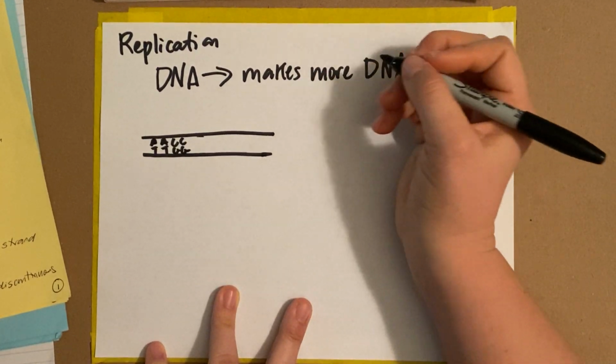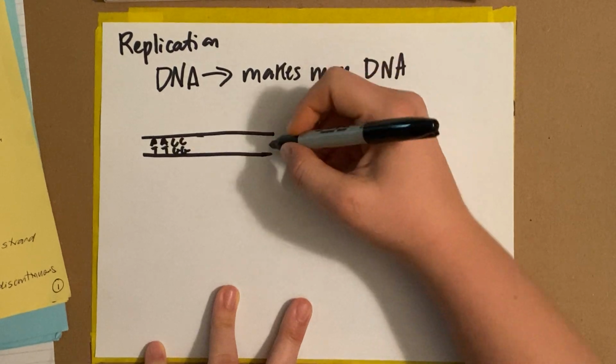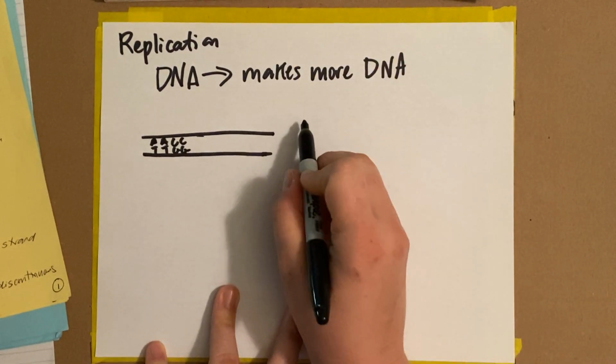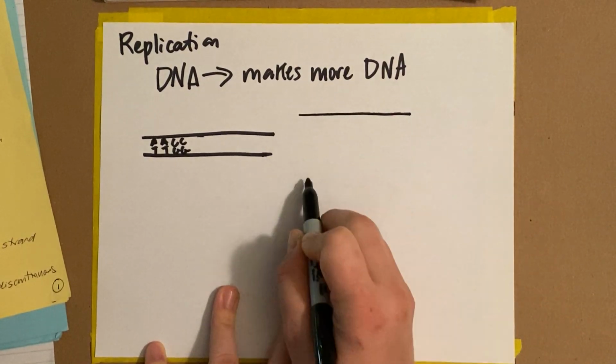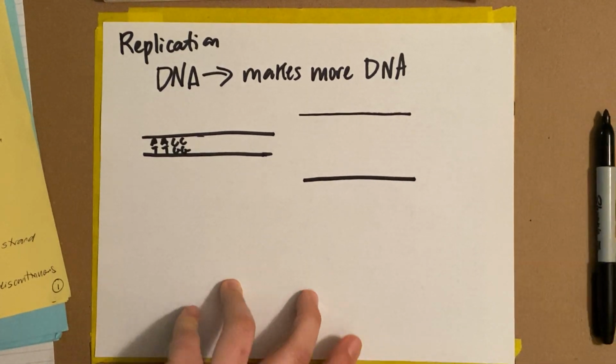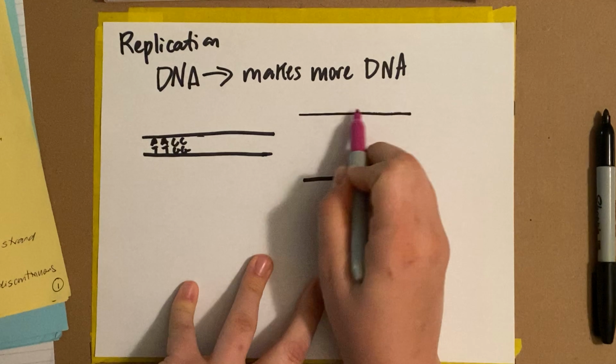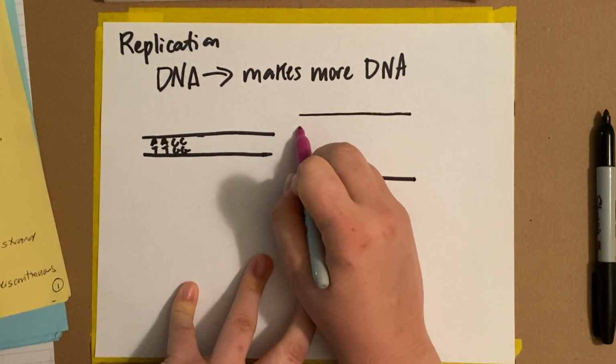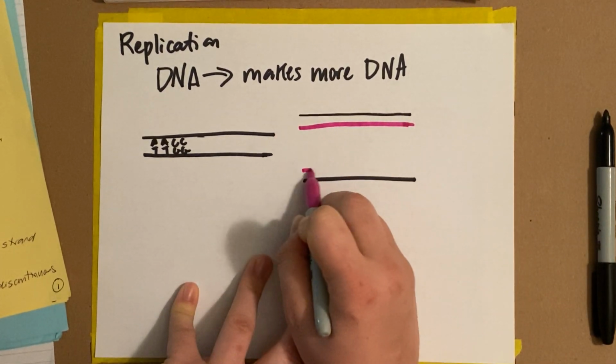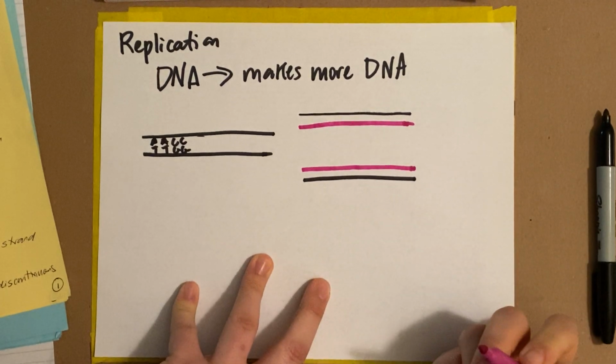So what's going to happen in replication is that we're going to split these two strands apart, and we are going to make new DNA. And we're going to use the old strands, which we're going to call the parental strands, as templates for the new DNA. Okay?